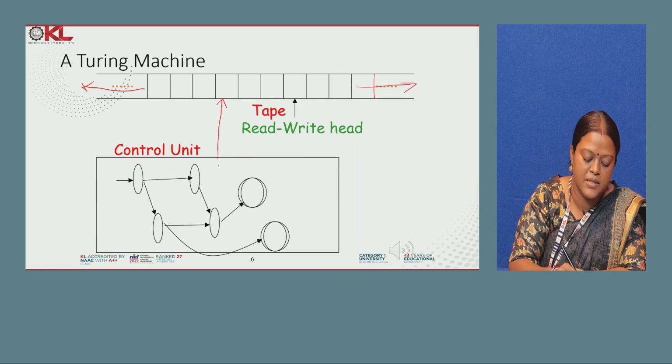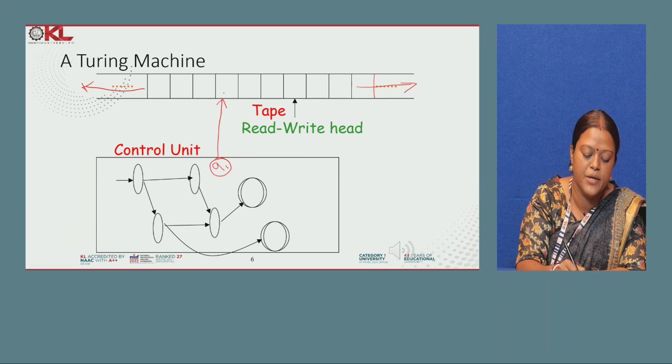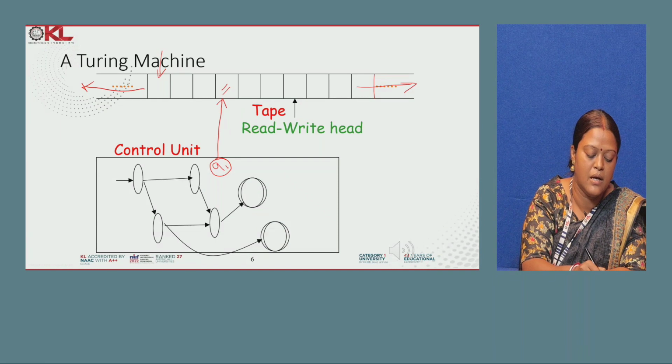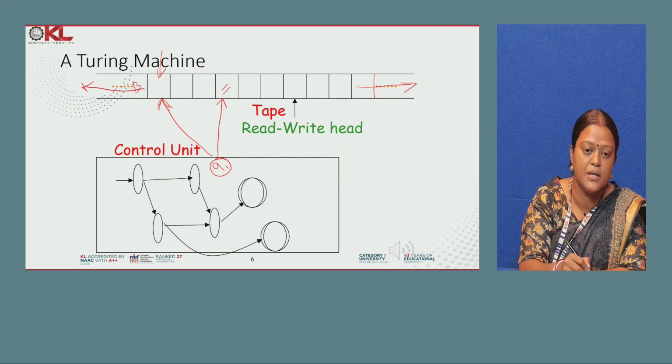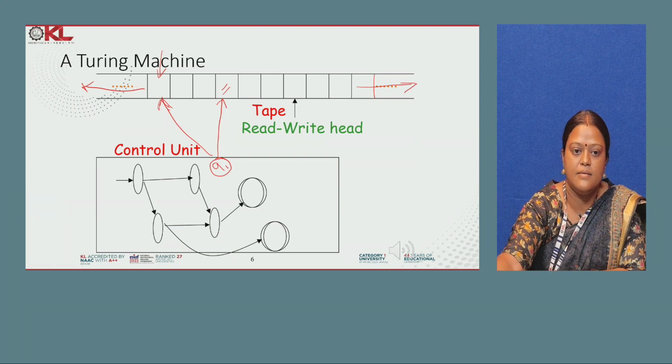At any point of time, any of the states from this diagram will be pointing to one of the cells. Basically we imagine that this is our starting location, and our first state should locate to this cell, that is the first cell.